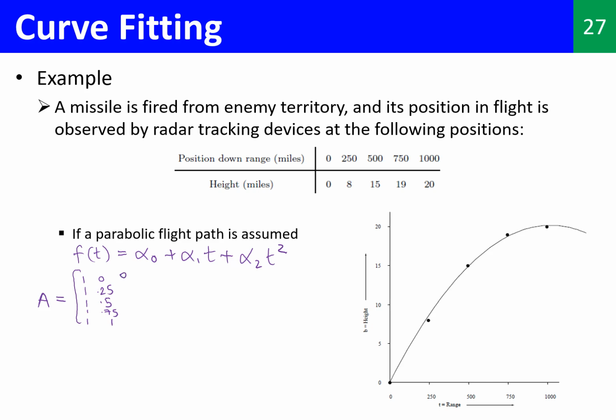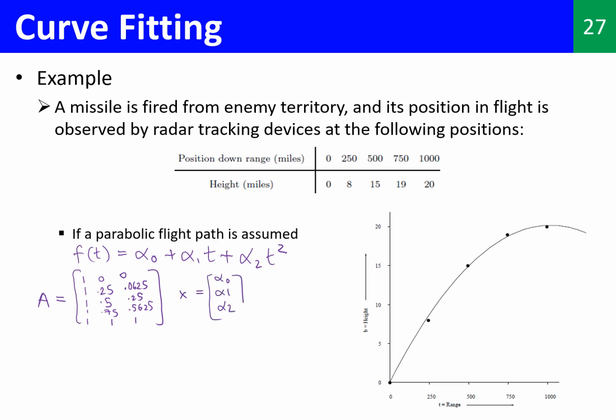So here we get 0.625, 0.25, 0.5625 and 1. So that is our A matrix, and x would be alpha naught, alpha 1, alpha 2.